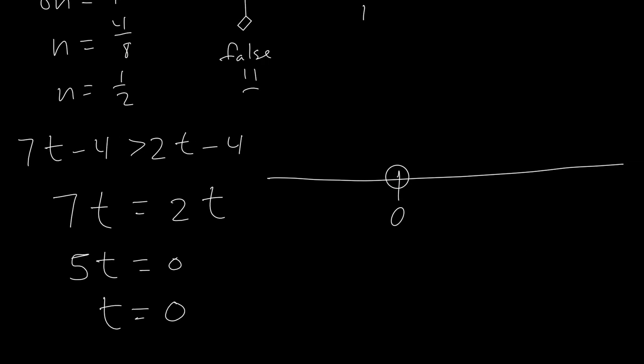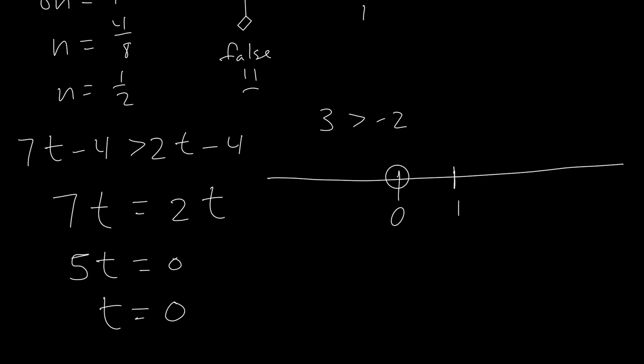And I'm going to test positive 1. When I put positive 1 into this inequality, this becomes 7 minus 4, which is 3, is greater than 2 minus 4, which is negative 2. That is true.